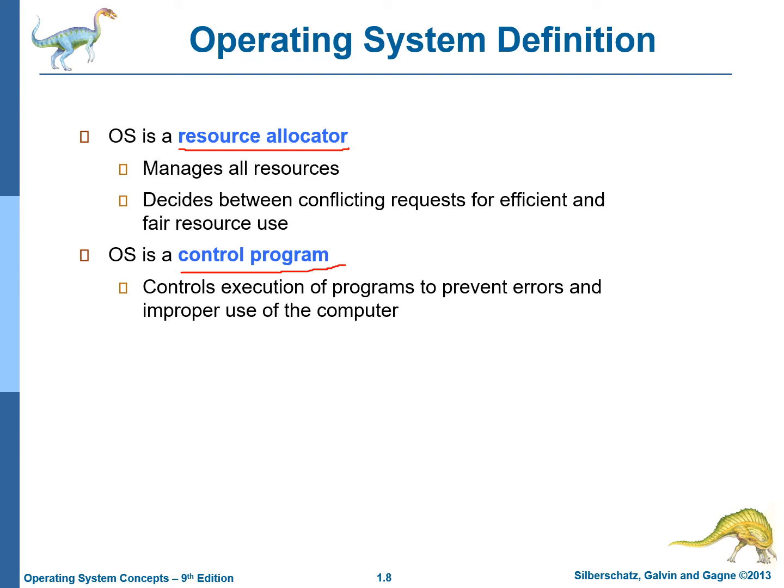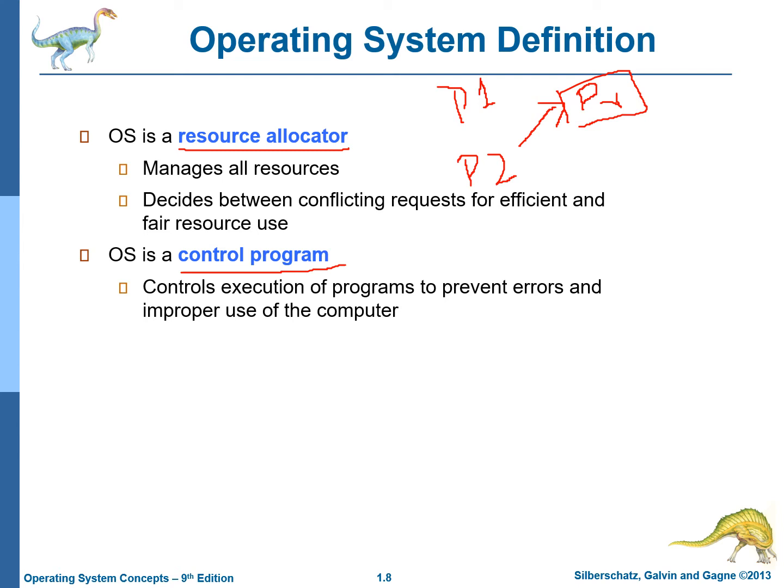For example, say you have only one printer, okay, so this is the printer, and say there are two processes, P1 and P2. Both want to access the printer at the same time. Now who should get the printer access, P1 or P2? This decision will be taken by the operating system, maybe based on priority. Say if P2 has higher priority, then P2 will get access to the printer first. So the operating system makes this decision.